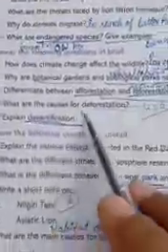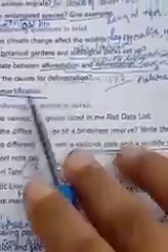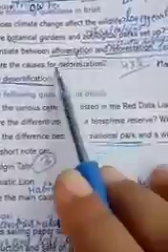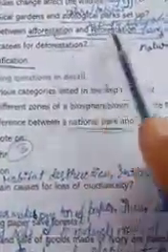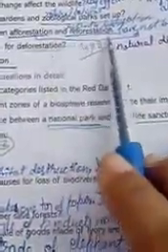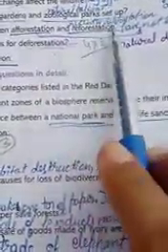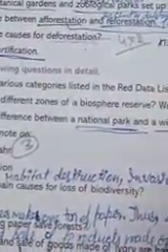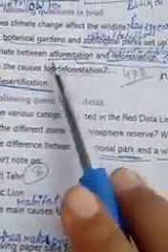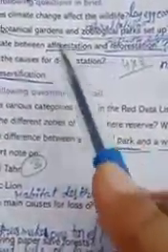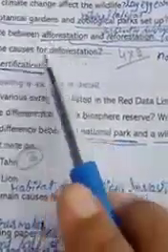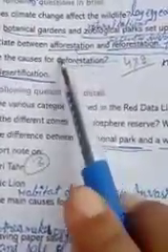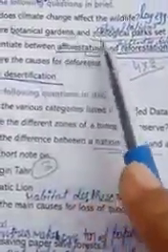Now next one, the difference between afforestation and reforestation. We know that planting more and more trees is known as afforestation. Afforestation is done at those places where there never were plants.